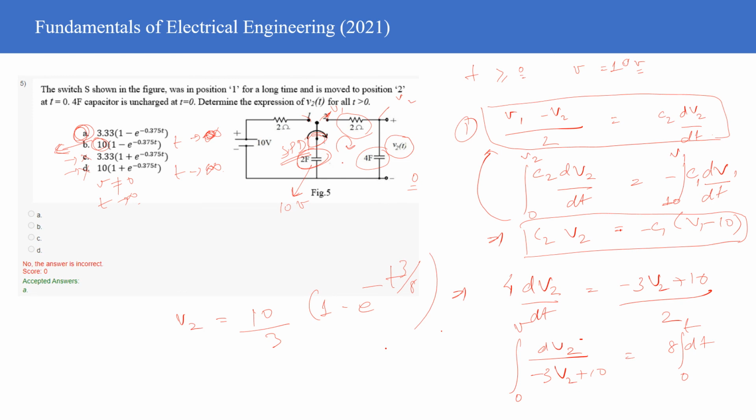So this is the expression which results in option A, and that's the answer to this question.